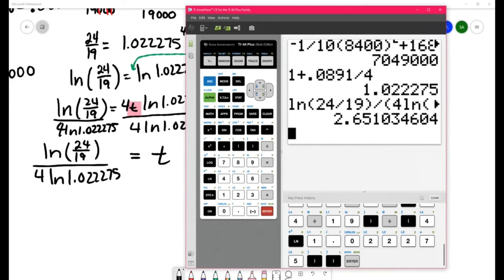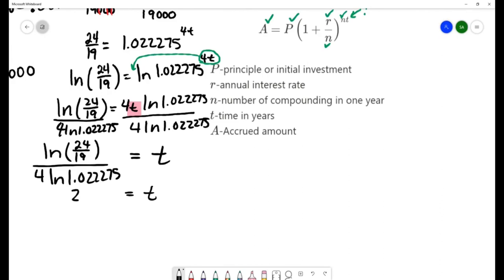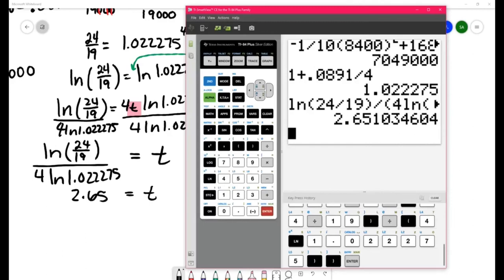So that's going to give me 2.651 and some more decimal places. I'm going to write 2.65 down. But because I'm going to do a little bit of converting here, I'm going to try to keep all of the decimals in the calculator.